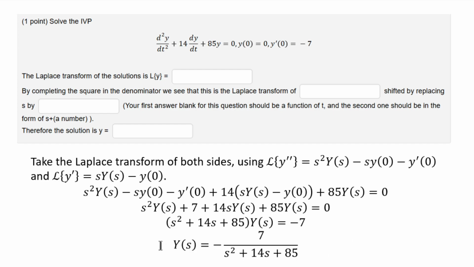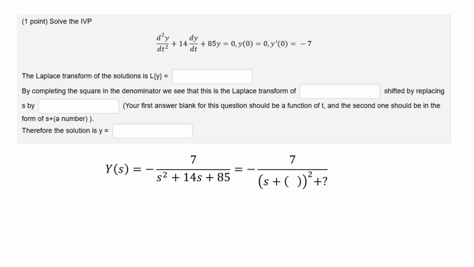Now, this is only the Laplace transform of the solution. You need to know what lowercase y(t) is that satisfies this. So to go backwards, you first have to know how to complete the square. Completing the square means you write the denominator into something squared plus a number.